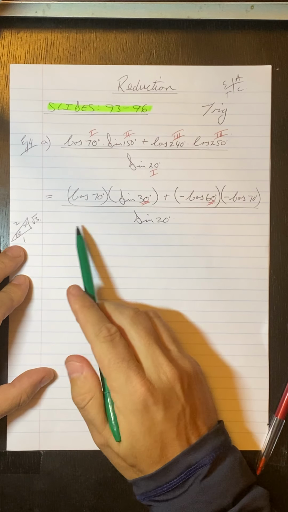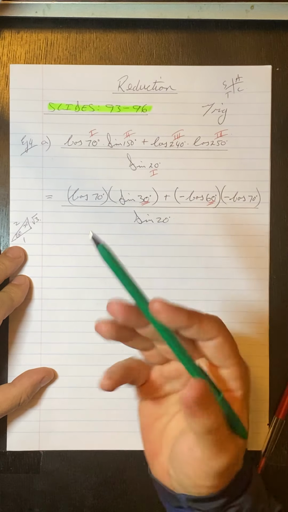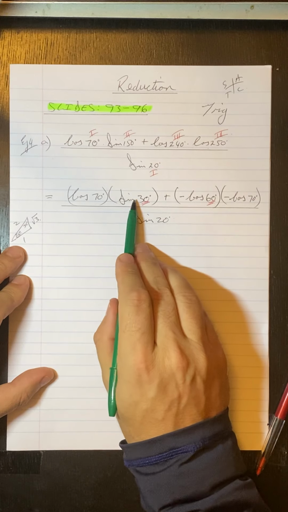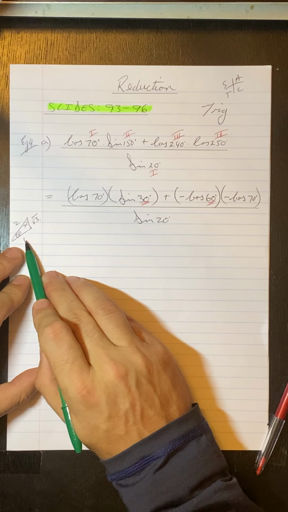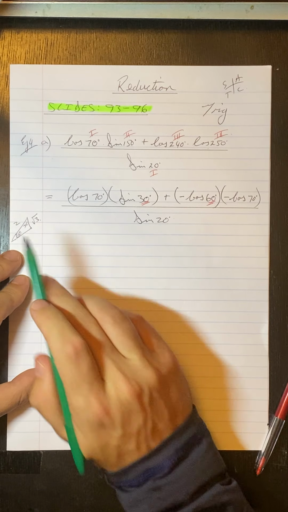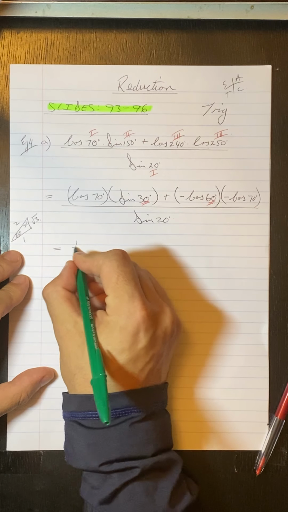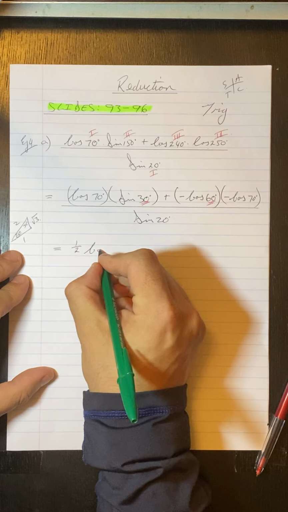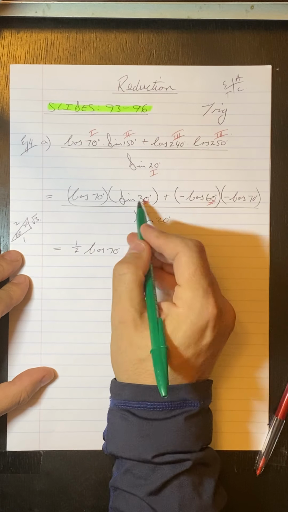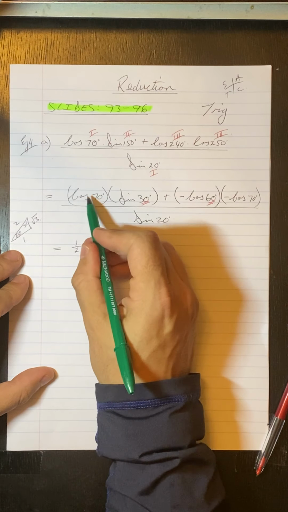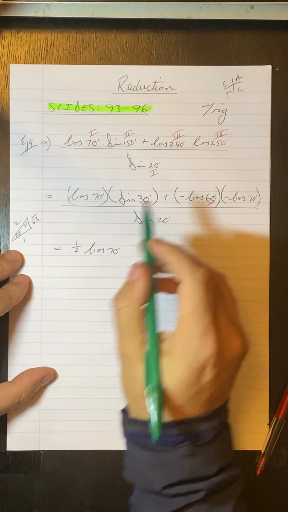I'm not going to bother doing the 45 one because we don't have a 45 degree here. Okay, so sine of 30 is going to be opposite over hypotenuse, which is going to be a half. So we get a half cos 70. The half times the cos 70 gives us half cos 70.